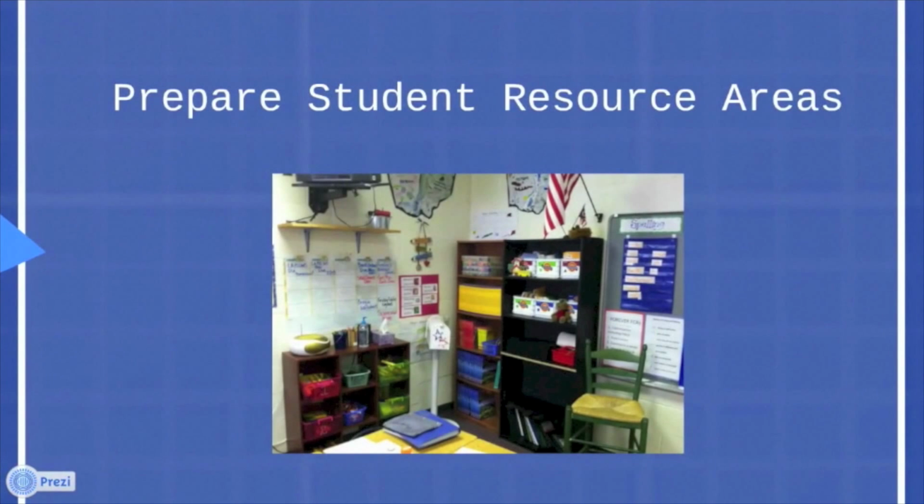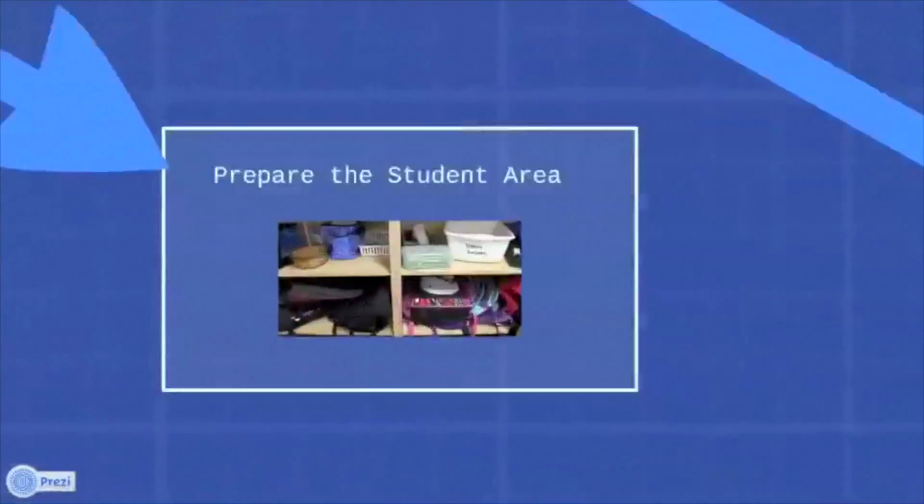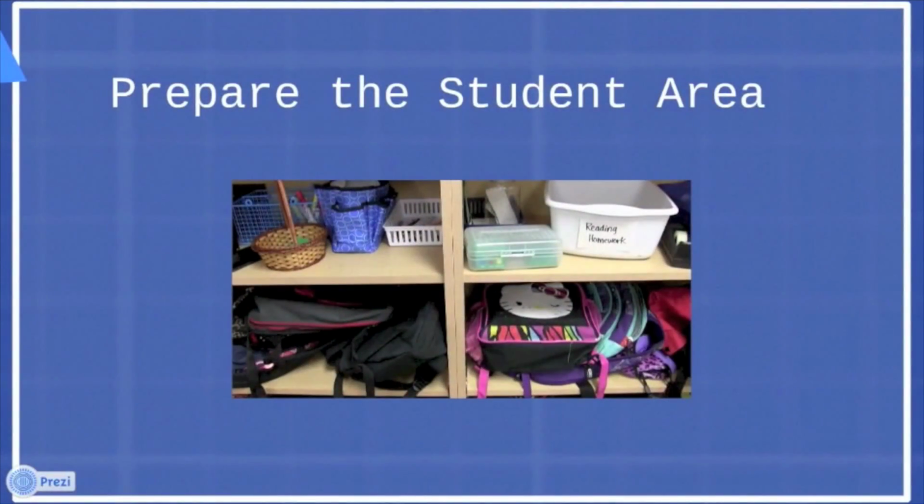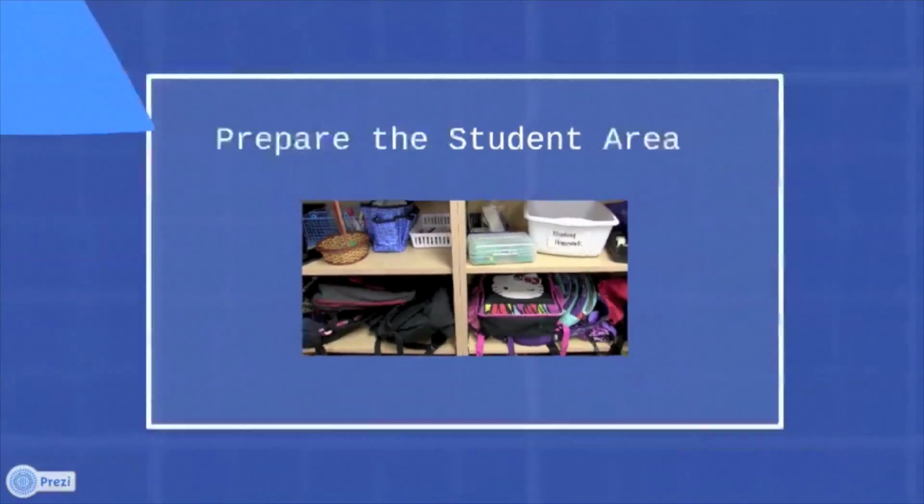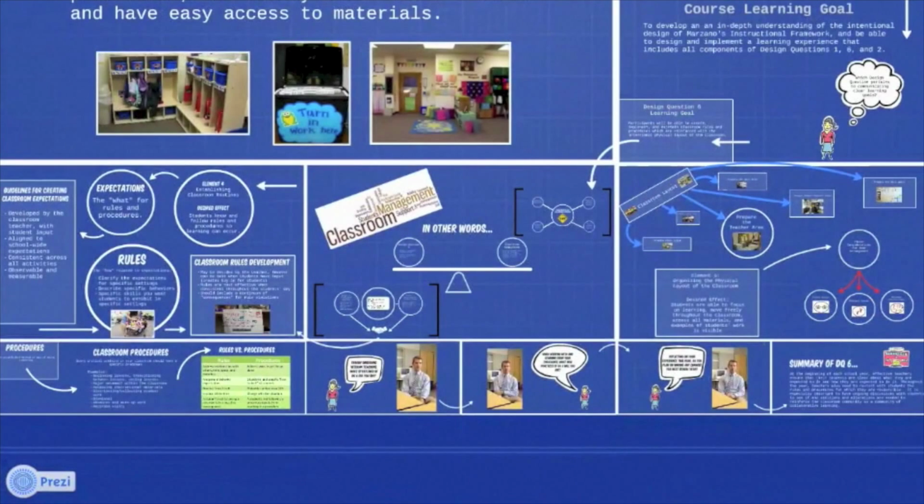Fifth, prepare student resource areas for students to acquire the resources they will need for learning. And sixth, prepare the student area. Plan areas for student belongings. A main takeaway in understanding the elements of Design Question 6 is that they help ensure a safe and orderly and predictable classroom, which fosters student success.